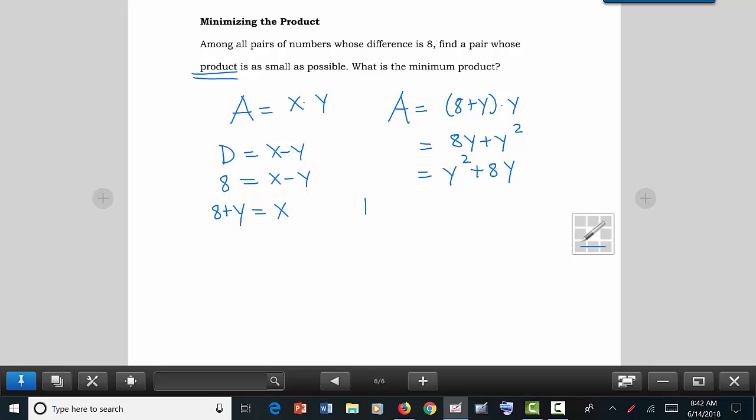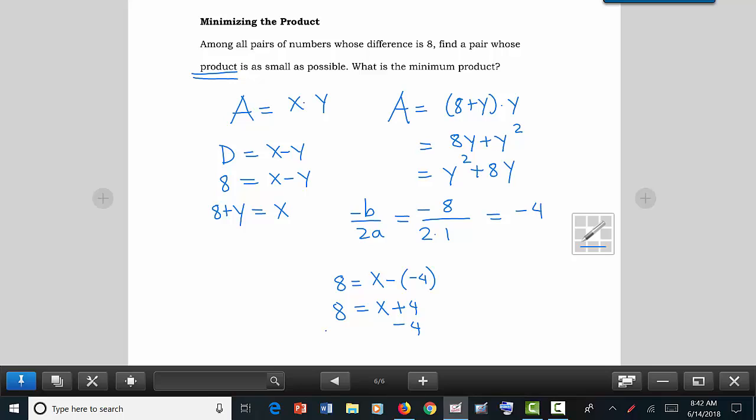So let's find the vertex. Negative B over 2A: negative B is 8, 2 times A is 2, so we get negative 4. Then what will be the X? 8 equals X minus Y, and Y is negative 4, so 8 equals X plus 4.